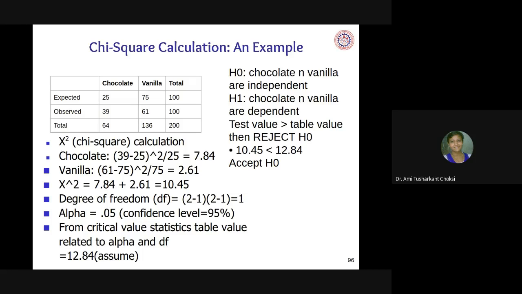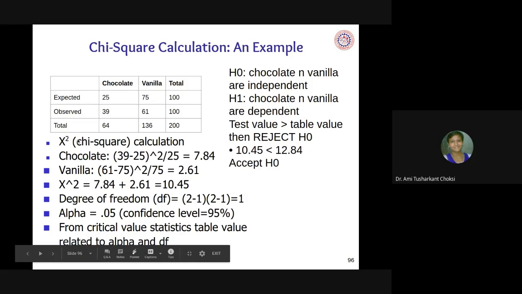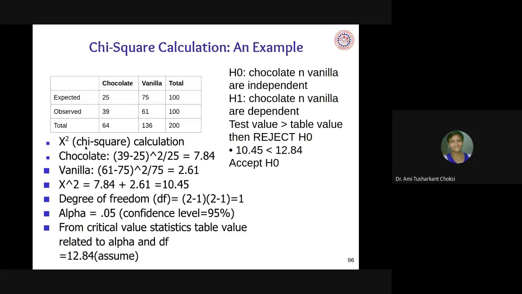Now let us calculate the example so we can have the idea. We want to do the chi-square calculation, right? For chocolate, we have O minus E whole square upon E. Only that? No, we need the summation of it, right?